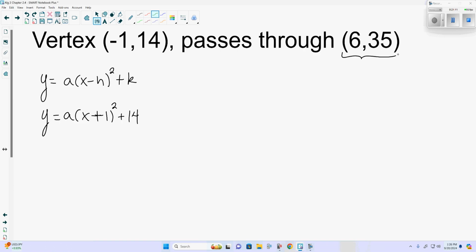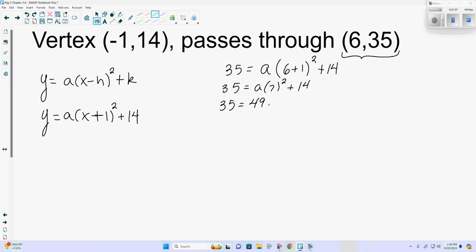What do we do next? 35 equals a times 6 plus 1, 7 squared, 49a plus 14. What would we do next?